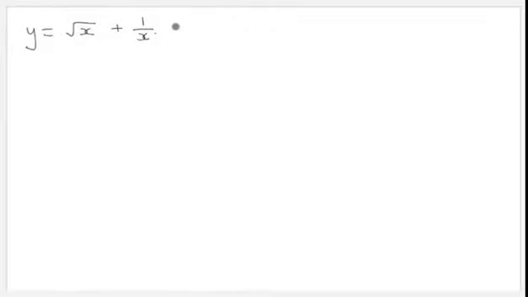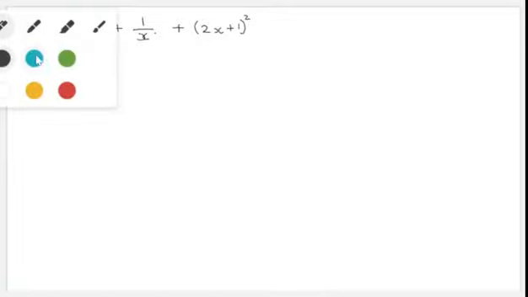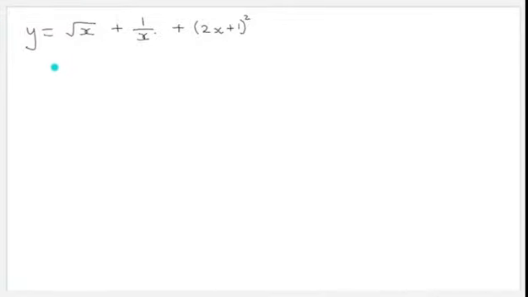They look a bit daunting, but really they're not that bad. With the first one, it's just x to the power of a half. The next one is x to the power of minus 1. And the next one, we have to expand the brackets, which becomes 4x squared plus 4x plus 1. And then we can differentiate.